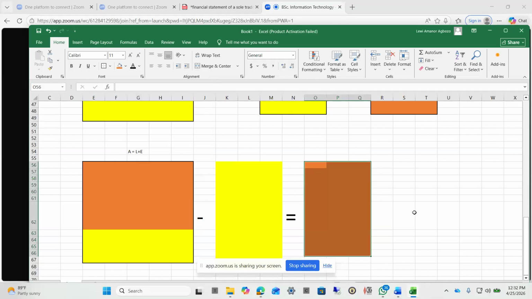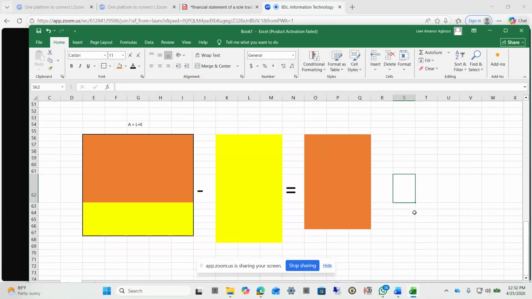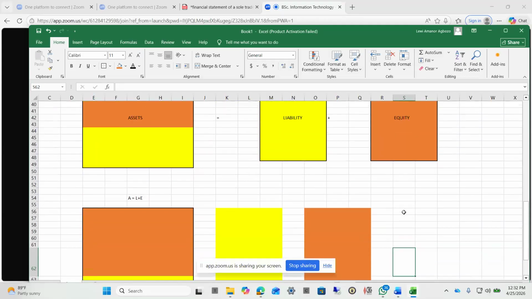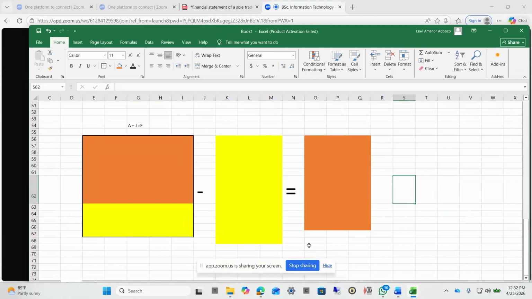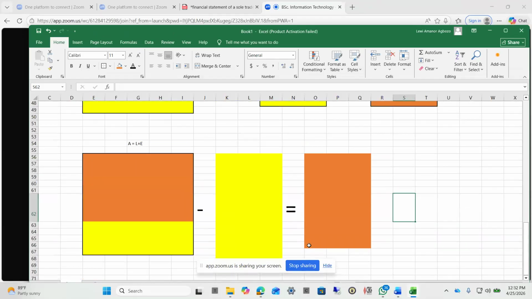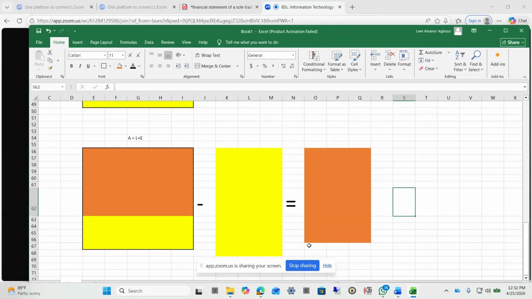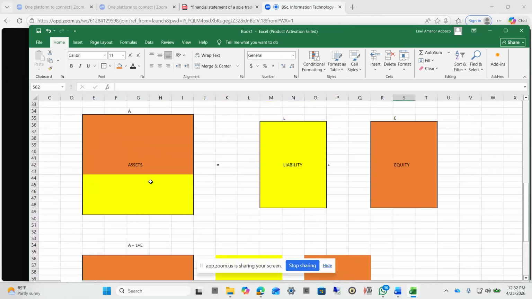Do you agree? Do you agree on this? Looking at this, do you agree on the down one? Yes, sir. Do you understand this? Yes. What we are saying is that your asset is equal to the money you owe people plus the money you brought in.